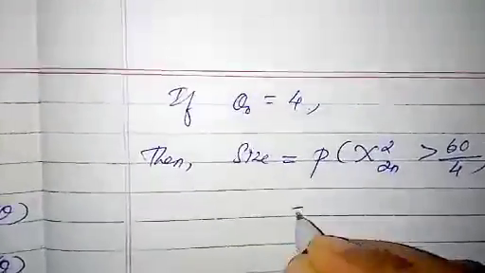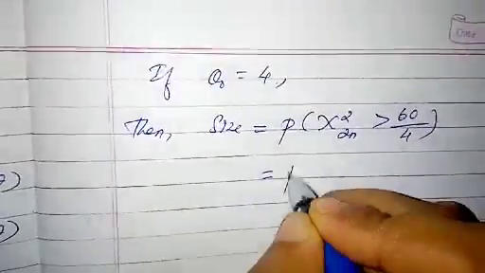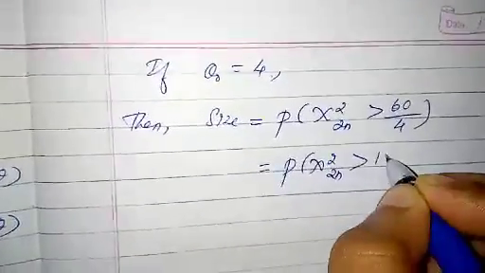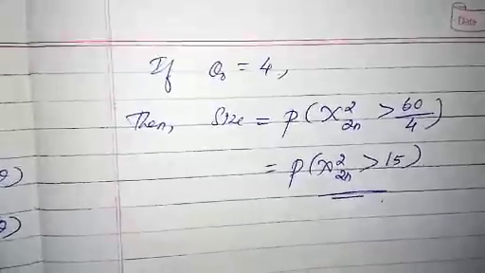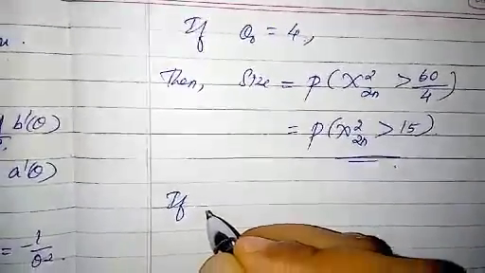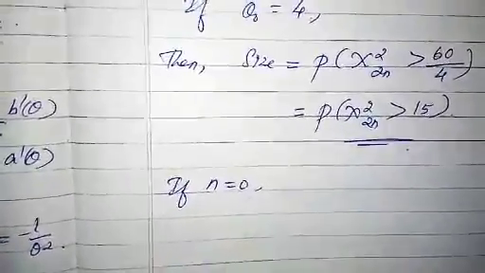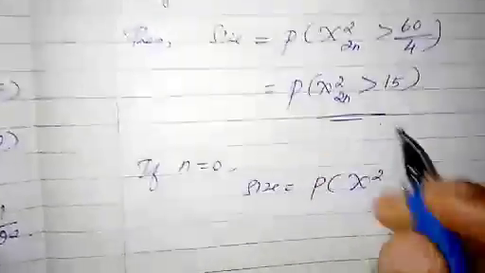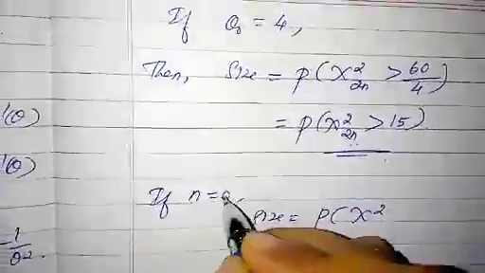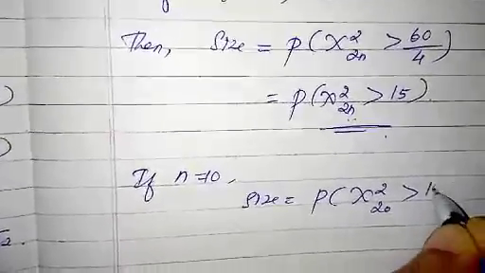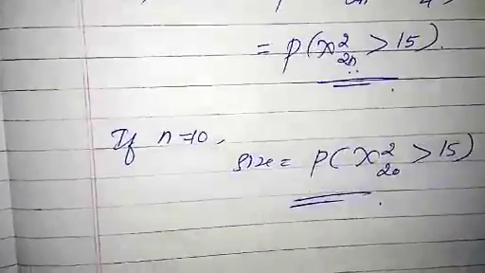It's equal to probability of chi square with 2n degrees of freedom greater than 15. This is the size of the test. And if n equal to 10, then what is the size? The size is equal to probability of chi square 2 into n, n means here 10, so 20, is greater than 15. Then this is the size of the test. Understood?